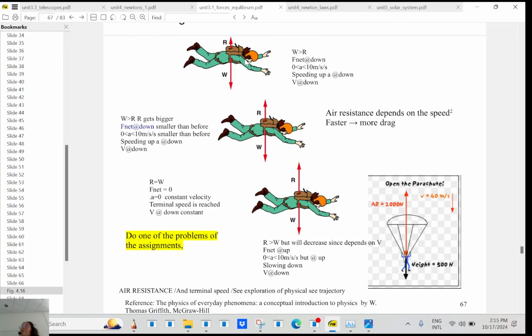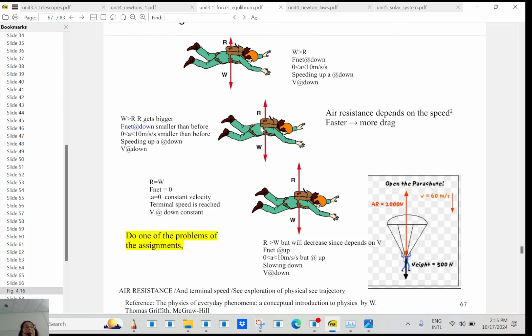Is there a net force? Yes, there is a net force, and it is down. So the acceleration is down. Because the acceleration is in the same direction as the net force, there is an acceleration down. So she's going to speed up.